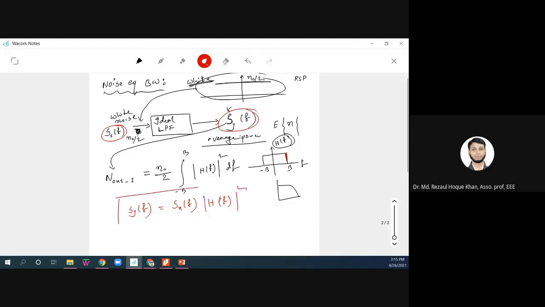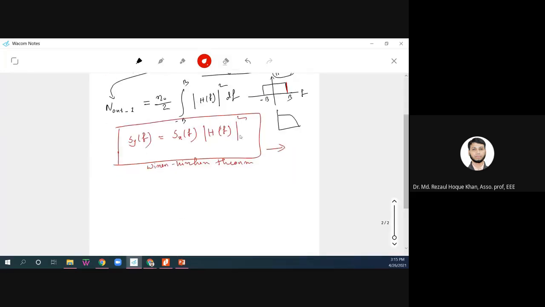From where did I get this formula? The Wiener-Khinchin theorem. Most definitely, you find this formula in your RSP class. So guys, see how the RSP course is handy here.